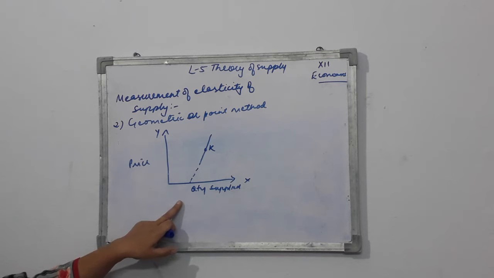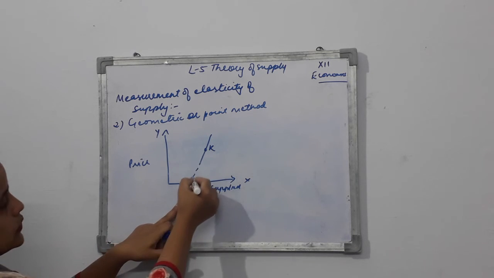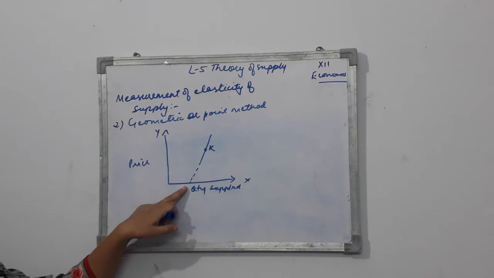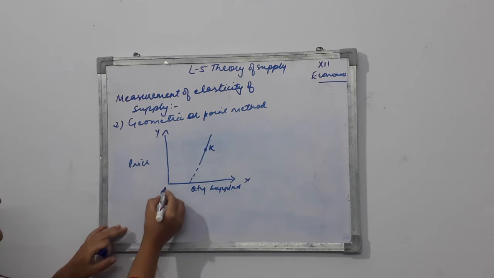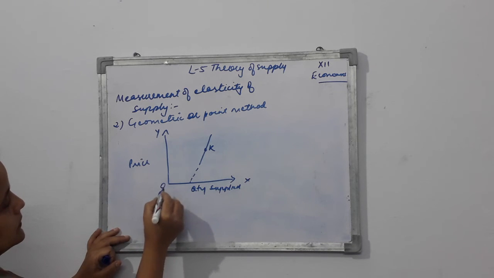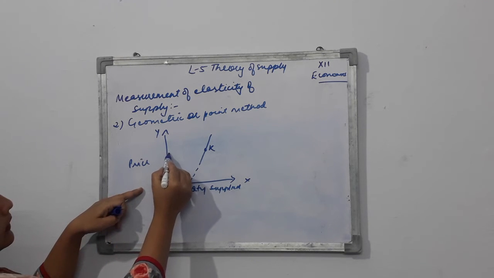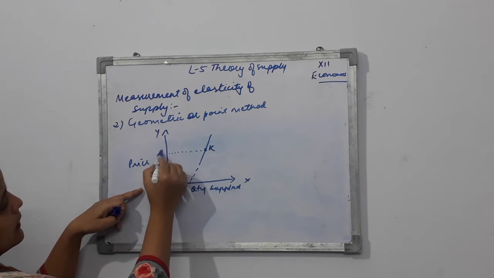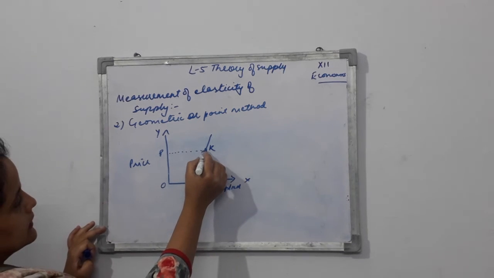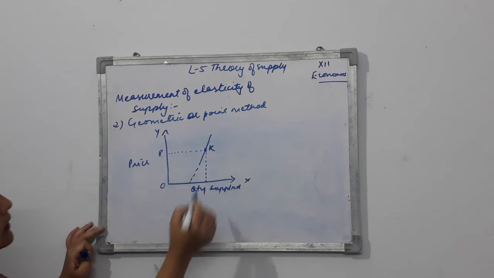Now what we have done is this, we have extended it to this place, right? Point K indicates that at OP price, quantity is OB. Now this is your OP. अगर ऊपर की तरफ ले ले तो, OP price में, right?